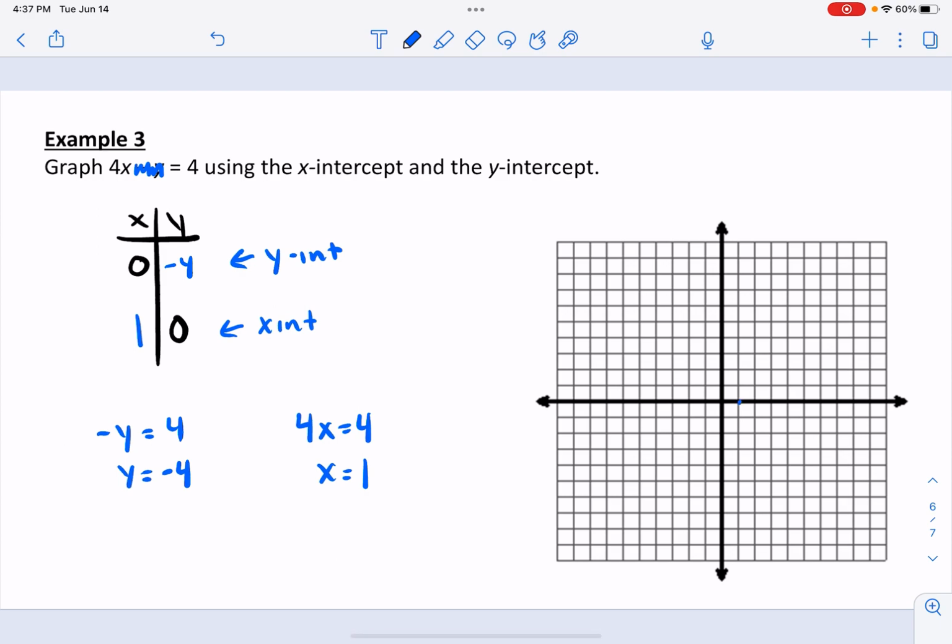So I have the point 1, 0. I have the y-intercept, which is 0, negative 4. And then using a straight edge, I don't have a straight edge on here. Connect your points. And there's your line. And that is my video on graphing linear equations.